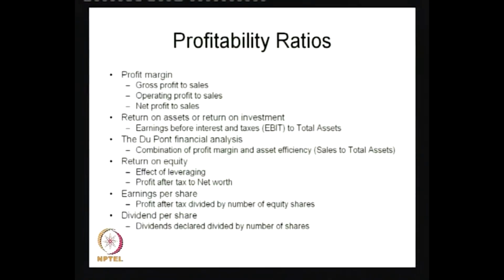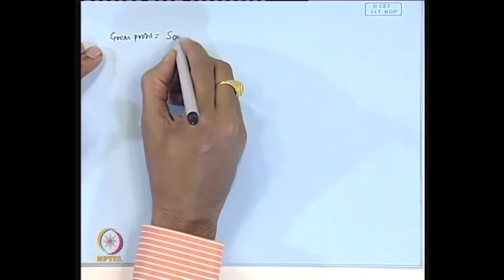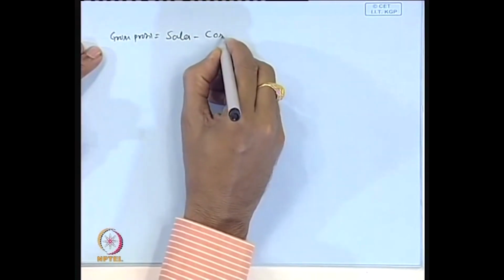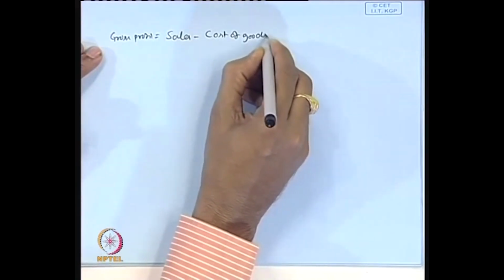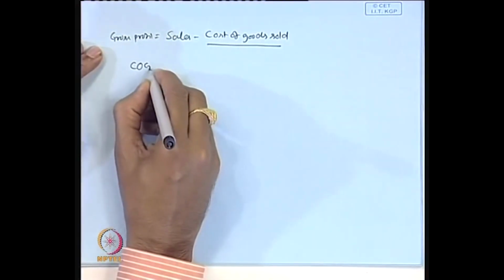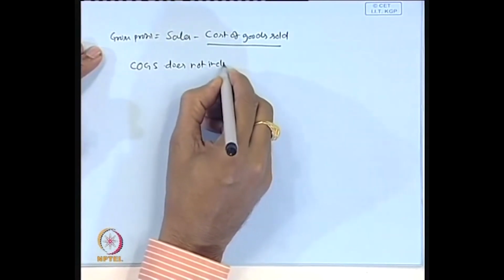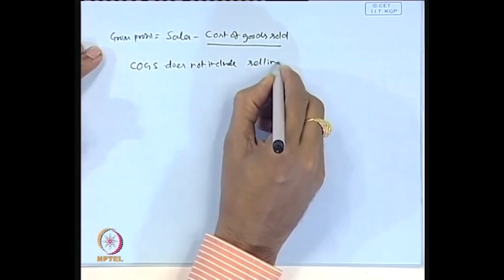Then we have something called operating profit to sales. Gross profit might not have included certain expenses, but they are essential to the business. Typically, gross profit is sales minus cost of goods sold, and this cost of goods sold, COGS, does not include something called selling expenses.